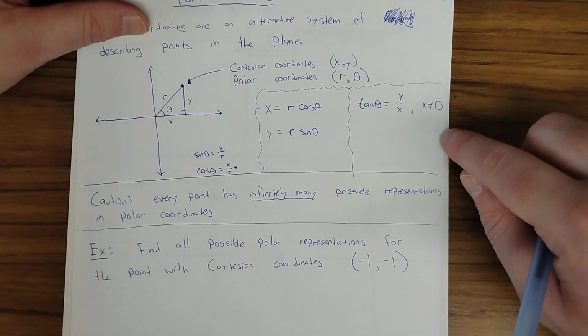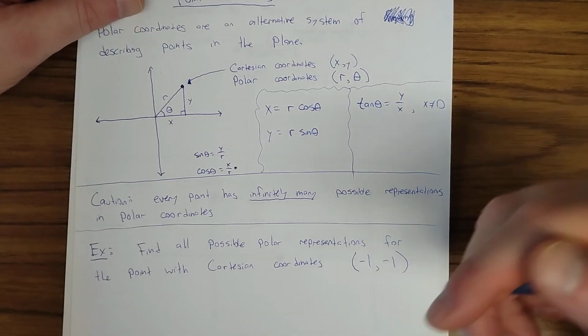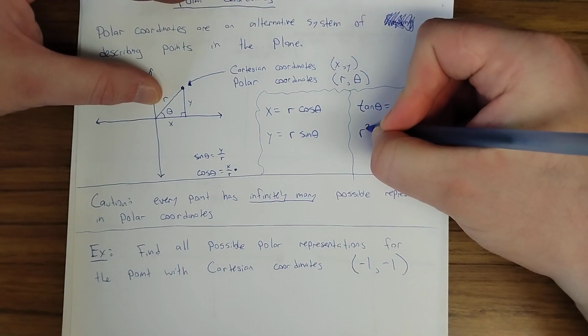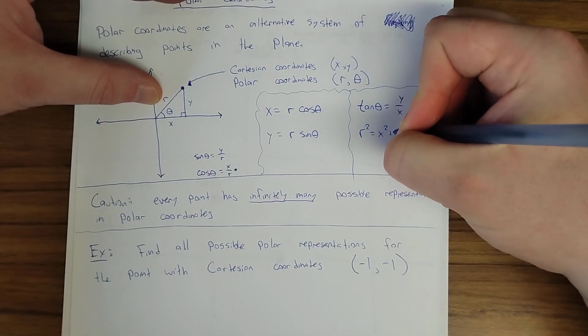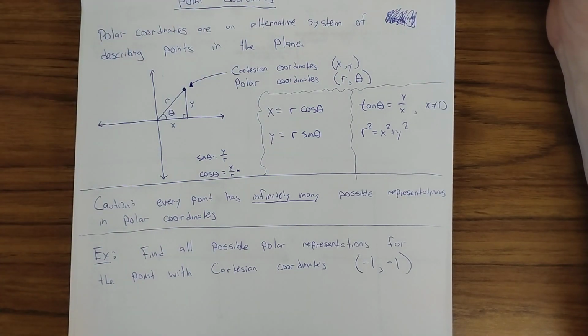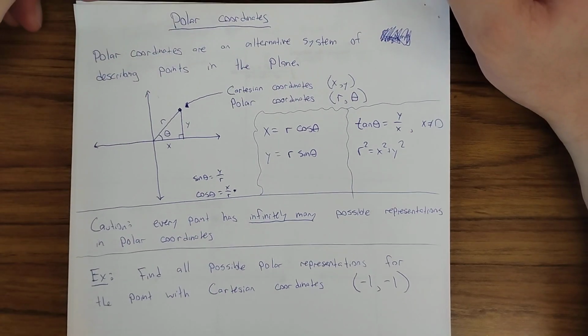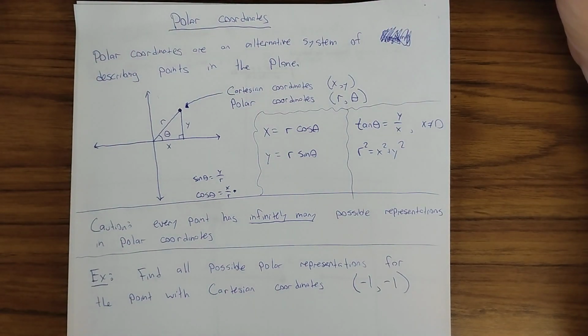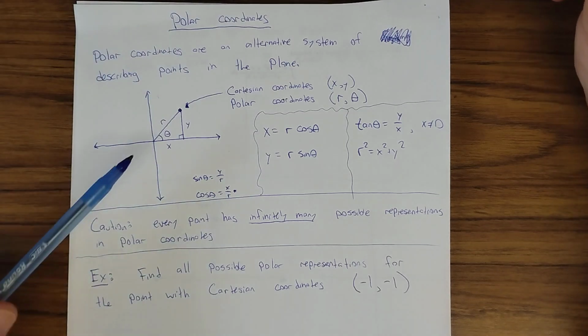The other thing I'm going to write in this box is something that can help you figure out r, and it's just the Pythagorean theorem. r squared equals x squared plus y squared. By the way, one thing you should be aware of is that we do allow r to be negative in this system.